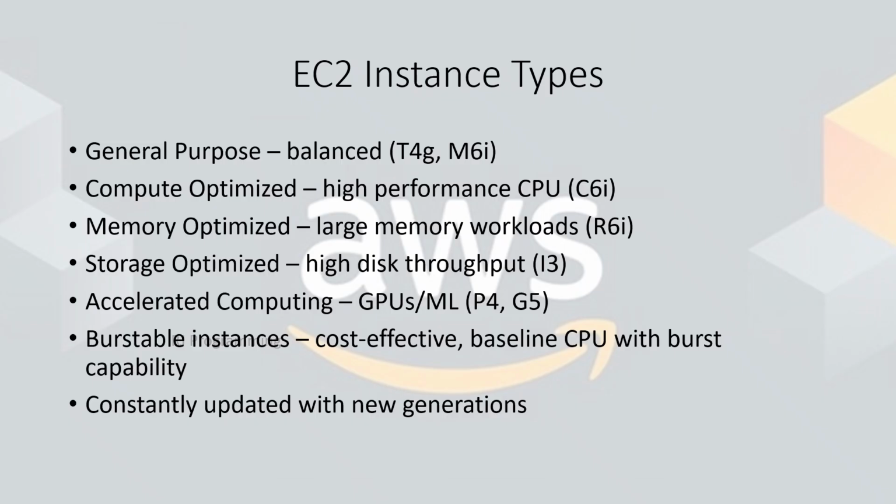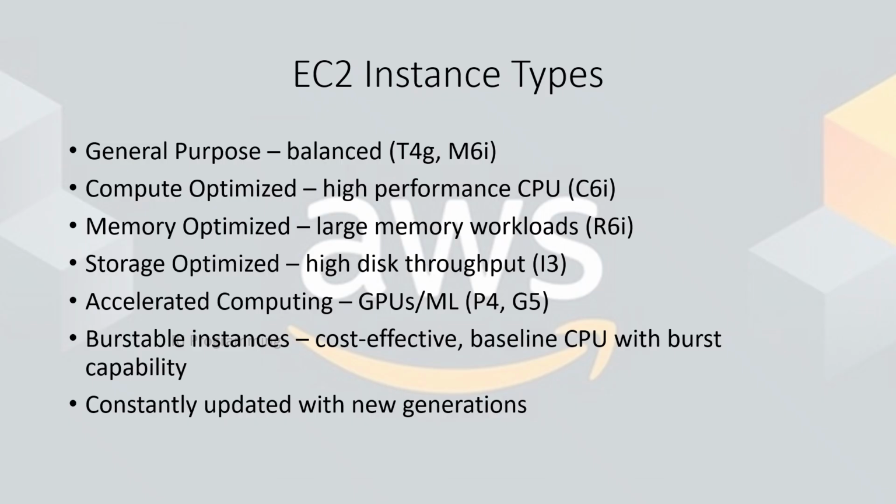Memory optimized is best when you need huge amounts of RAM, such as databases, caching, or big data analysis. Storage optimized is designed for workloads that need extremely fast read-write to disk, like analytics or log processing. Accelerated computing includes GPU instances for machine learning, AI, and rendering.